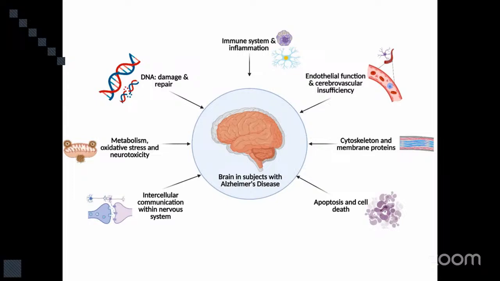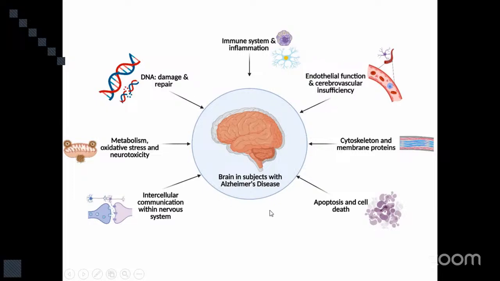So, the brain in a subject with Alzheimer disease. What actually happens? You can see all the issues: immune system and inflammation, DNA damage and repair, metabolism, oxidative stress and neurotoxicity, impaired intercellular communication within the nervous system, apoptosis and cell death, cytoskeleton and membrane protein disorder, endothelial function and cerebrovascular insufficiency.